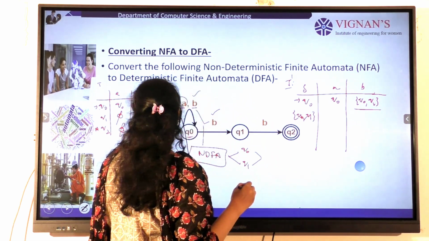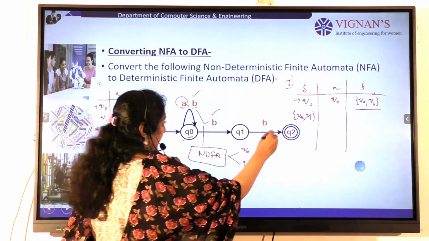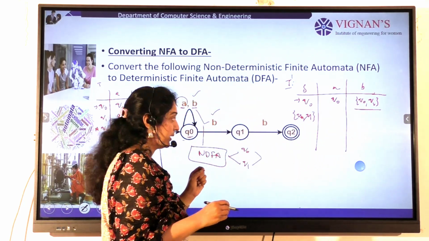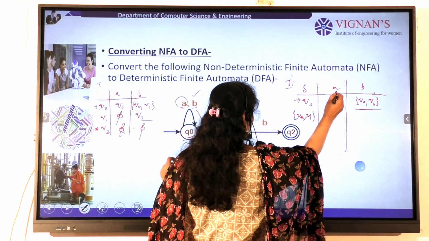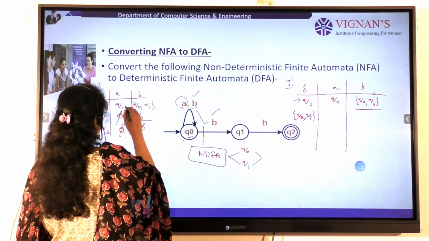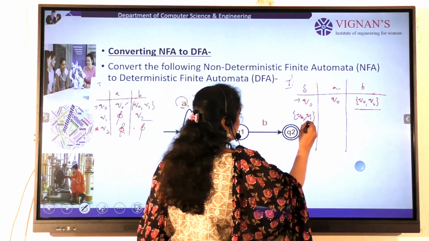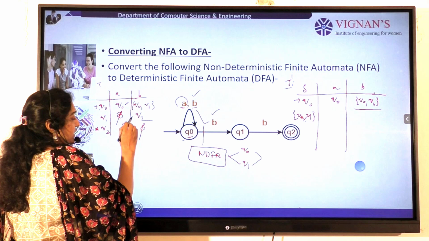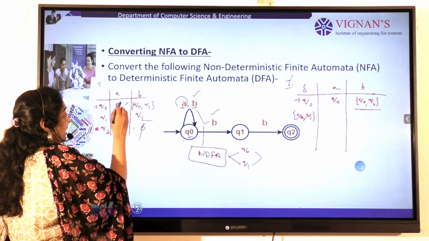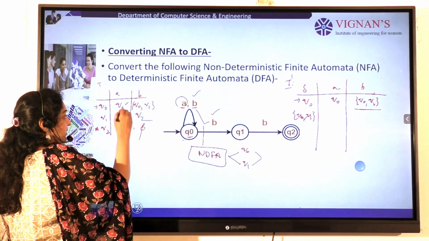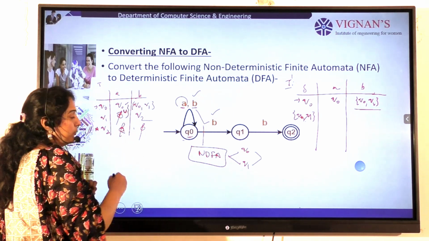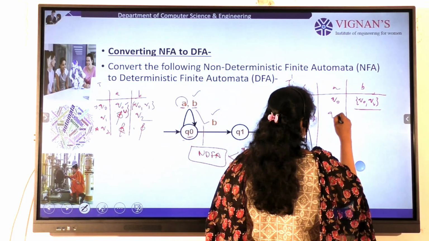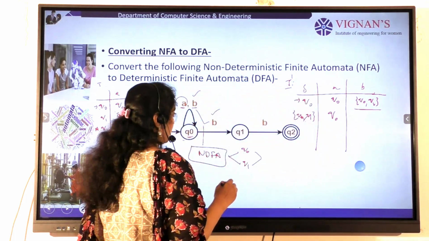Now we need to find out the entries by reading the input symbols A and B for the new state Q0 Q1. So Q0 by reading an input symbol A goes to Q0, and Q1 by reading an input symbol A doesn't have any transition, so phi is written. Now we need to apply union for these two entries. When we perform union, the state which we obtain here is Q0.